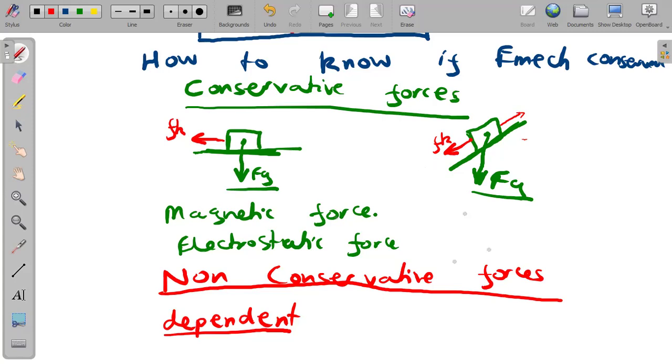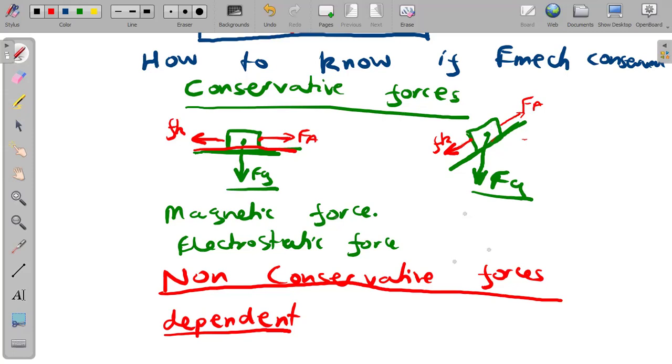Let's talk again of applied force, FA. An applied force is applied on the object as it moves to the right on the horizontal surface. On the inclined surface, our applied force shall act up the incline as the object moves up the incline.